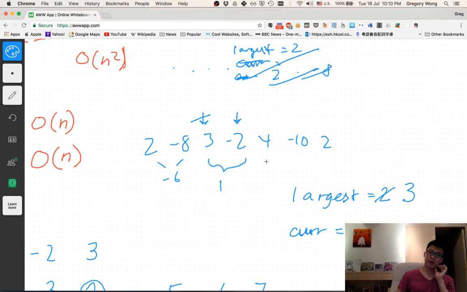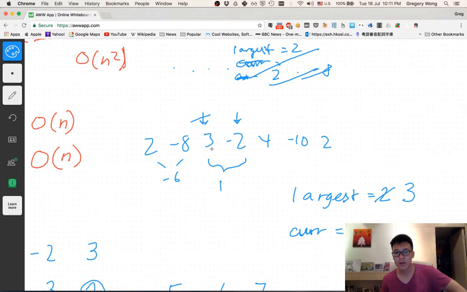And then I check the sum of the current sum and this new number, -2, and if it's positive, then I will save that to my current sum.